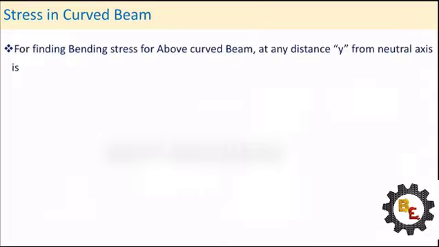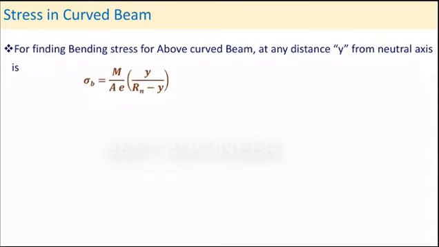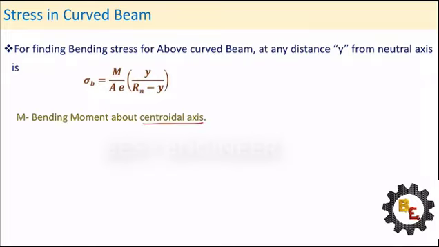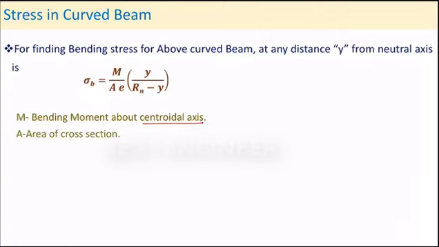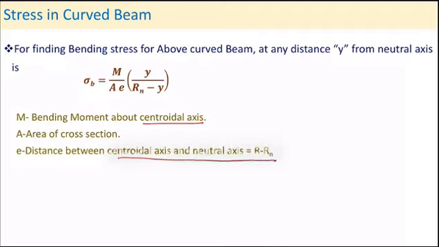Let's see how to find stresses in a curved beam. We can find them using this formula. Here M is the bending moment about the central axis, A is the area of the cross section, and e is the distance between the central axis and the neutral axis, that is the eccentricity, the shifting distance. Y is the distance from the neutral axis.